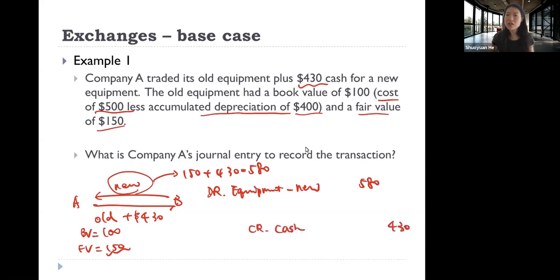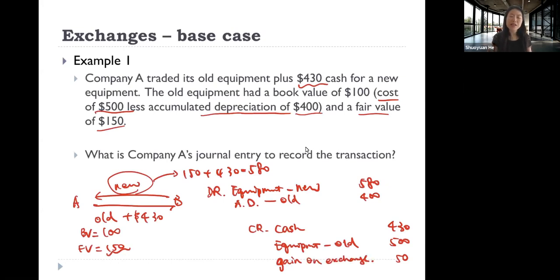It is also giving out the old equipment, which has a cost of 500 and accumulated depreciation of 400. So this general entry does not balance. The imbalance is at the credit side. It is gain on exchange. So company A is recognizing a gain here.